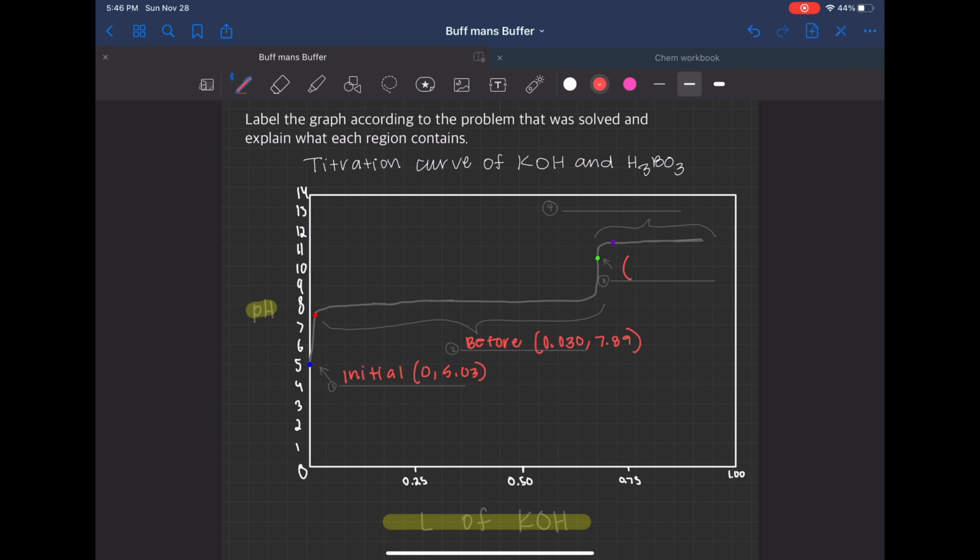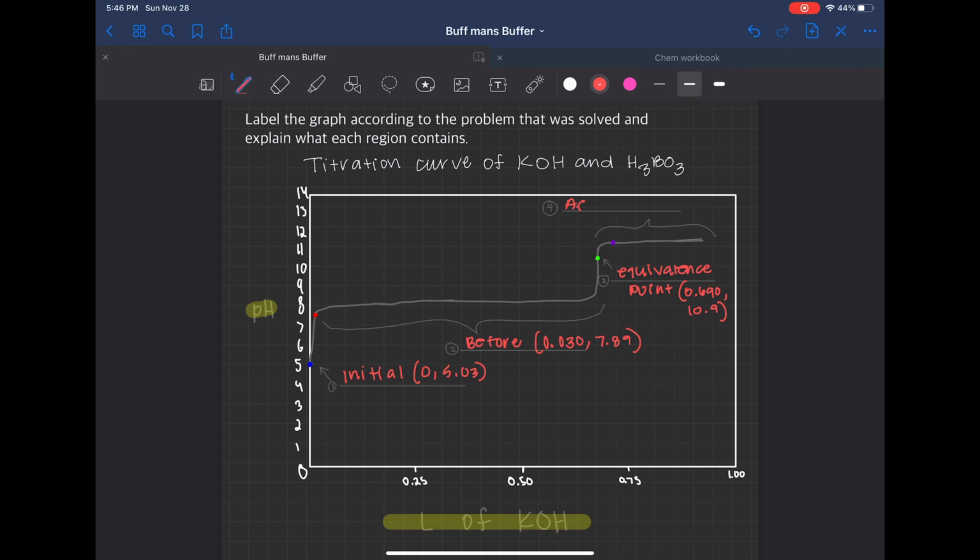This is gradually adding the KOH. Our third point, equivalence, is when we had an equal amount of KOH and boric acid right there. We had 0.690 liters, 690 milliliters of solution. And then we got a pH of 10.9.